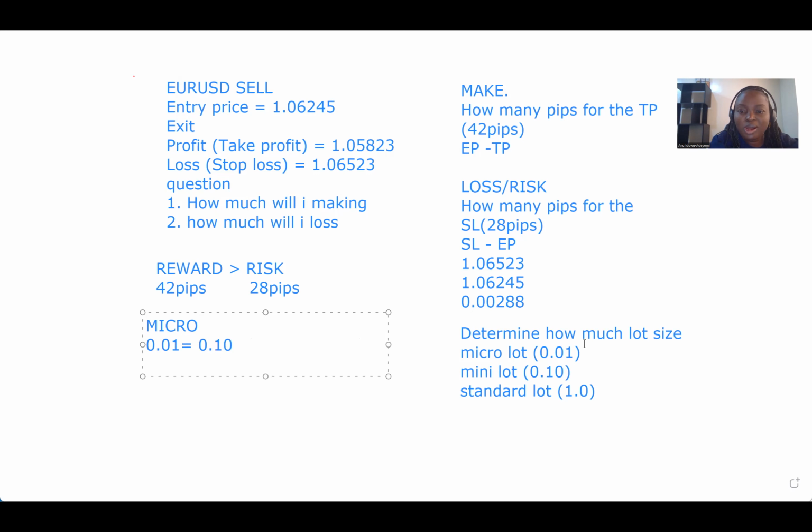So now, to know how much you make, it equals the value of the lot size that you are using multiplied by the number of pips.